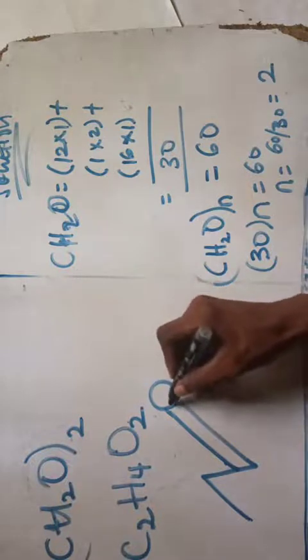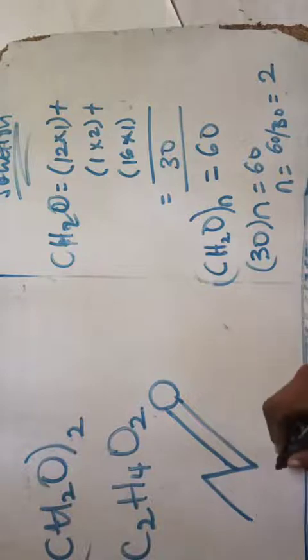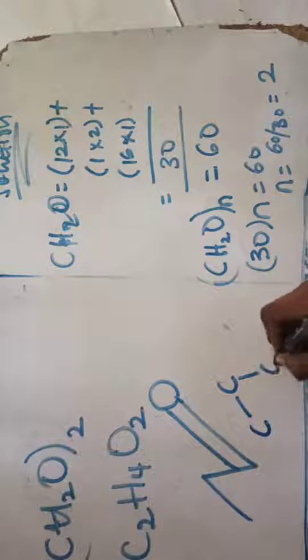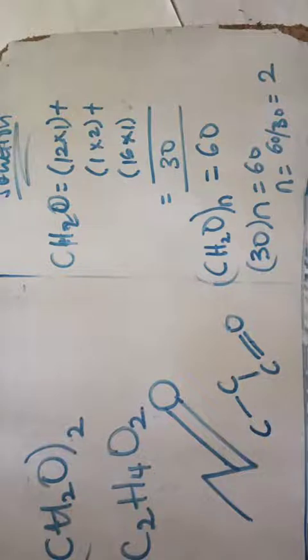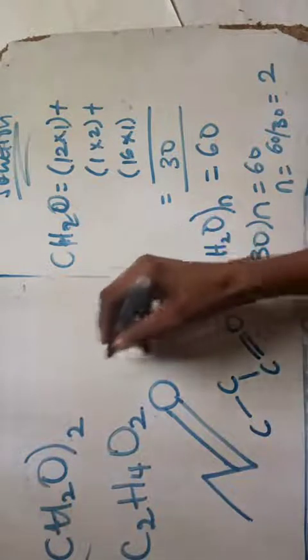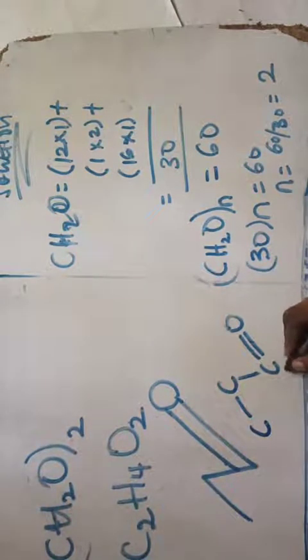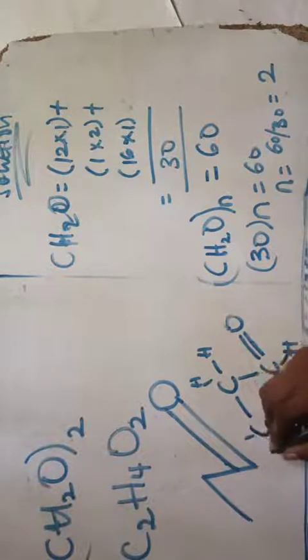If I write C, I have a double bond, I have O. I can have my carbon here and hydrogens 1, 2, 3, 4 here.